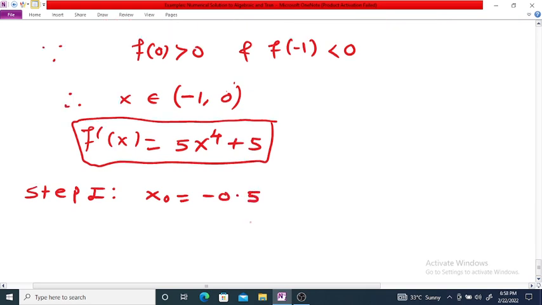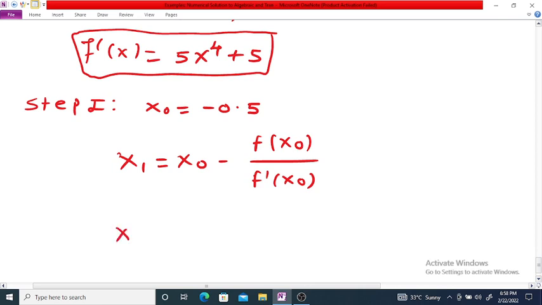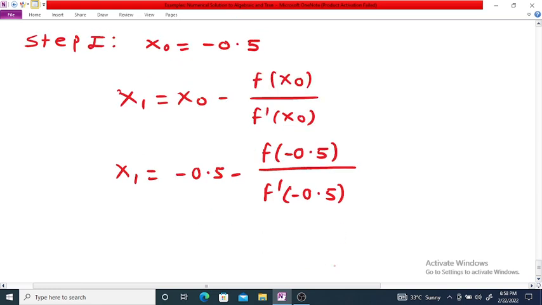And x1 can be calculated by using the Newton-Raphson formula, x1 equal to x0 minus f of x0 divided by f dash of x0. So x1 is equal to minus 0.5 minus f of minus 0.5 divided by f dash of minus 0.5.